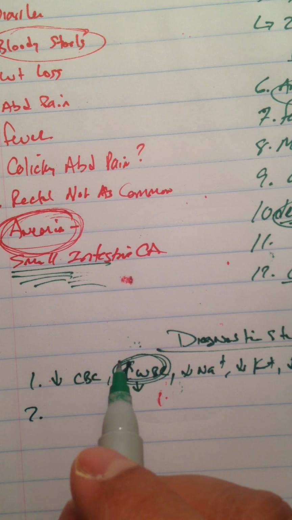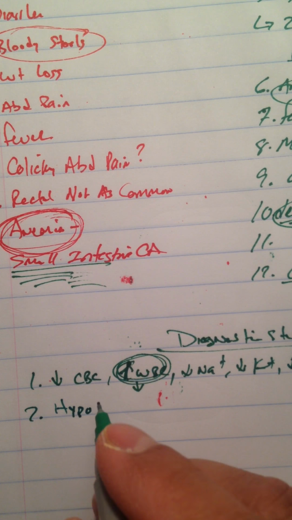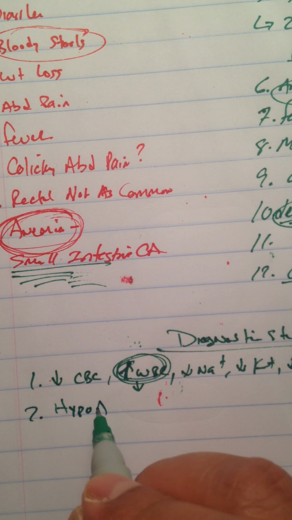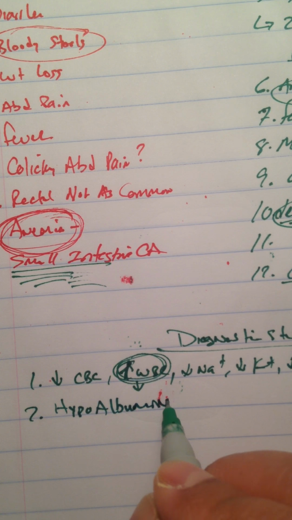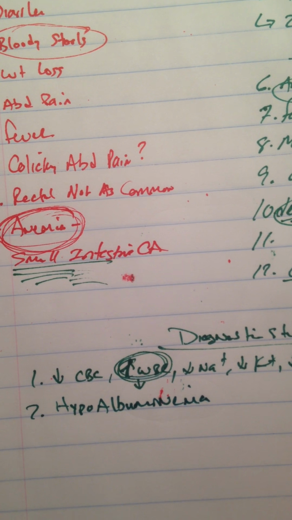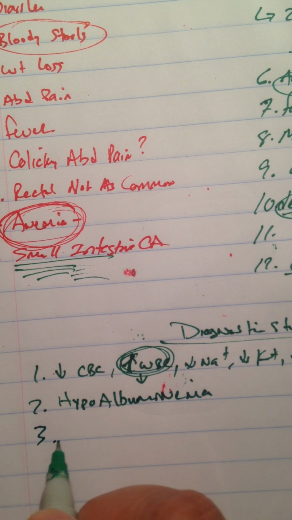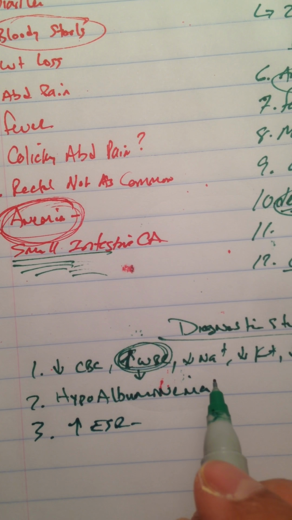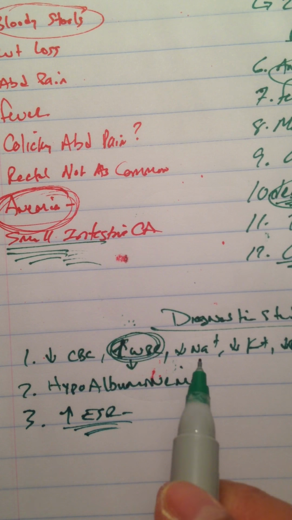Another thing that you'd want to look out for is hypoalbuminemia, or decreased albumin levels. You would also find elevated ESR levels, erythrocyte sedimentation rate.